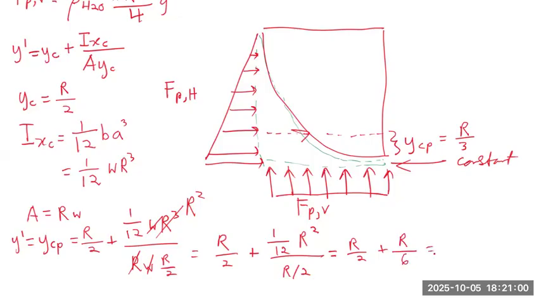So R over 2 plus R over 6 is going to be equal to 2 over 3 R.